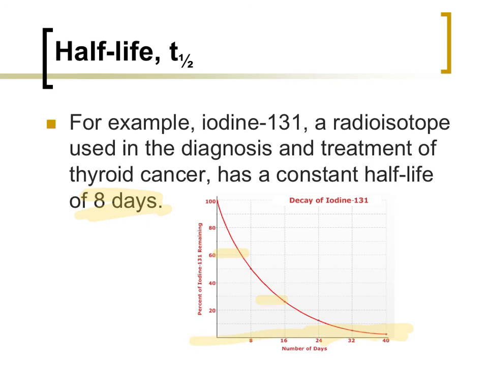So that makes it very good for diagnosis, especially of identifying thyroid cancer. And then in terms of treatment, it allows you to see where things are being affected, where things are slowing down. So it's very useful that it has a short half-life because it makes it actually pretty safe to use, even literally eating and ingesting the iodine tablets.